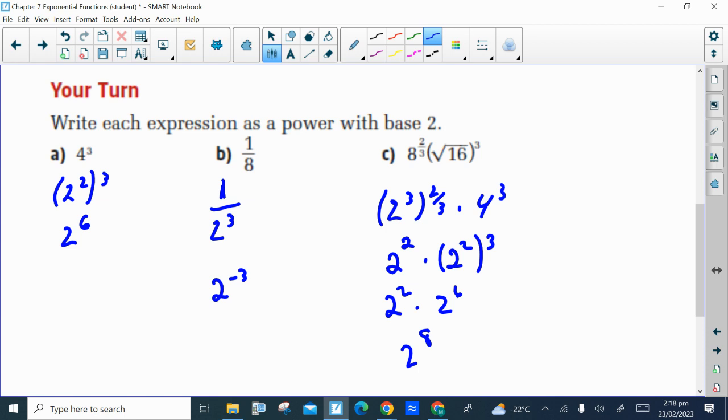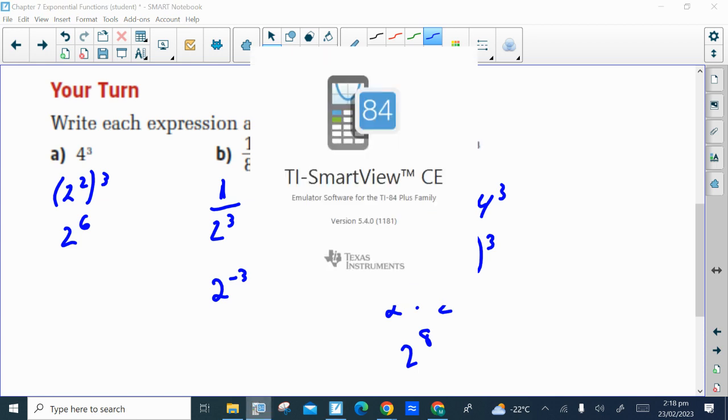And by the way, you can use a calculator to check all of these. So if we check the last one that we did, we can get a value for the original expression, and it should equal what we got for a simplified expression. 2 to the 8th, I think, is 256.